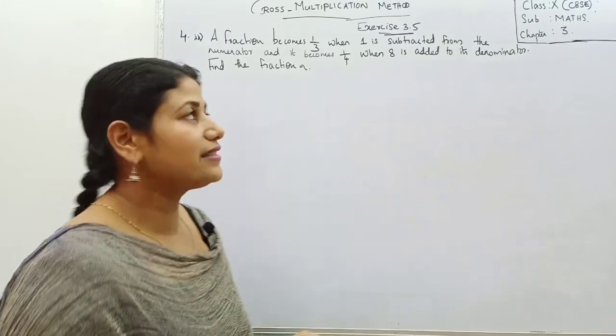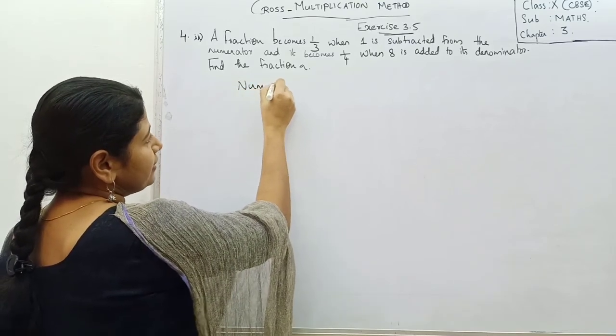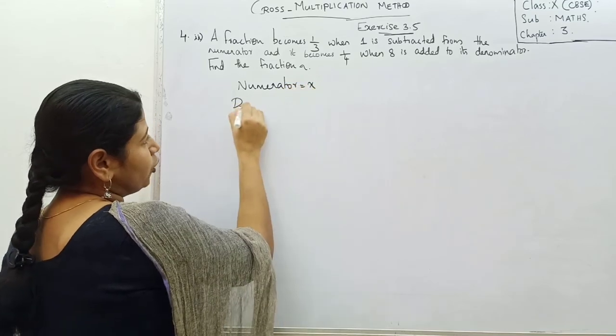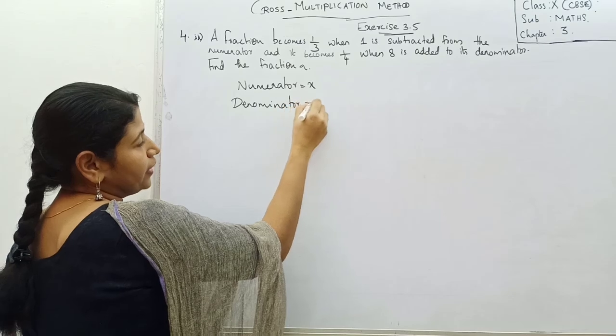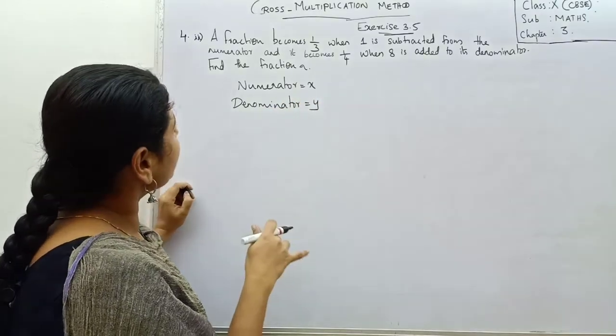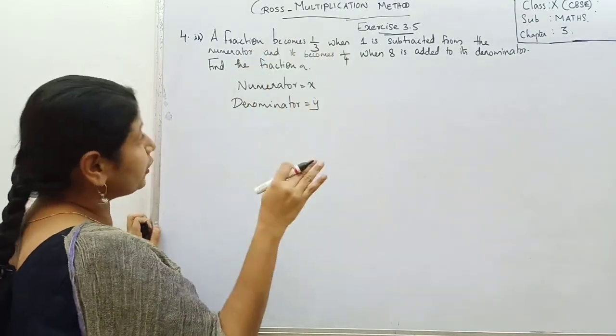Okay, let's take the numerator as x and the denominator as y. Then our fraction will become x by y. We are given a condition that the fraction becomes 1 by 3 when 1 is subtracted from the numerator.